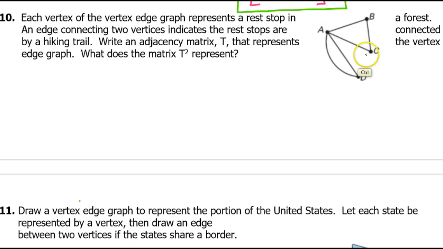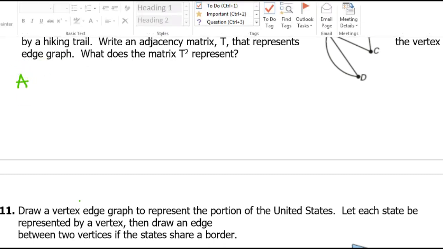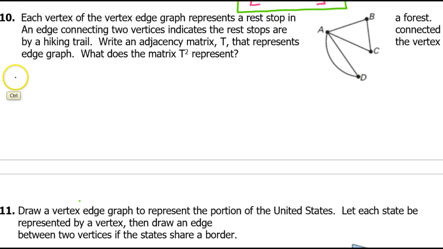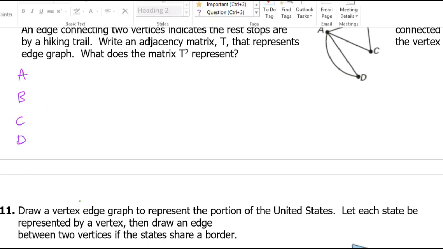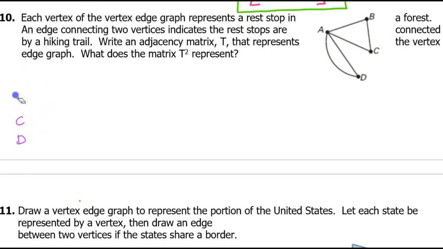Okay, so we have A, B, C, and D. So we can just write that down the side. Okay, so I've got A. Let me change colors. Okay, so we'll have A, B, C, and D. I need a little bit more space.